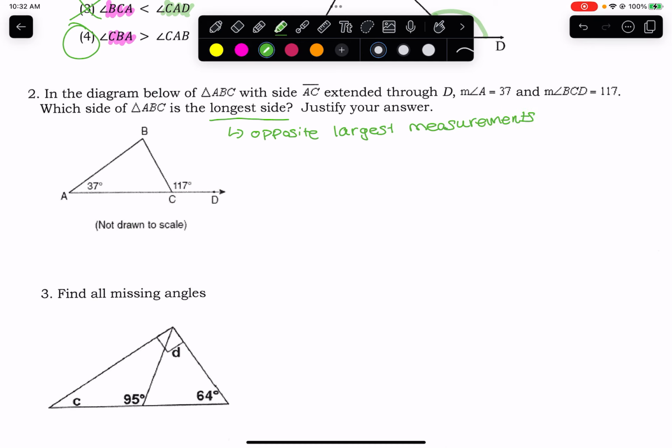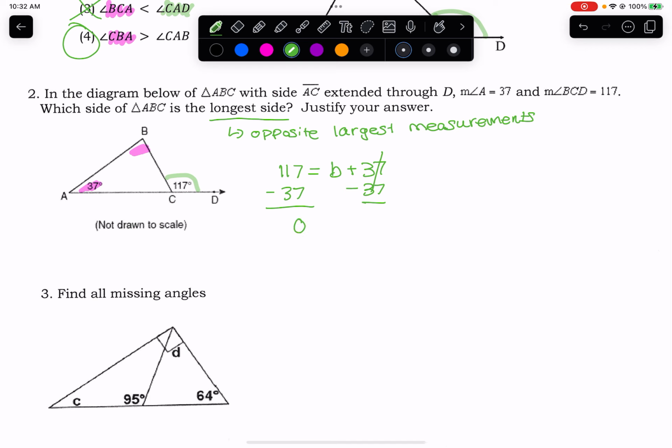If we look at our diagram, 117 is our exterior. So we can solve for angle B, because B plus 37 is equal to 117. Subtract 37. So this angle is 80.